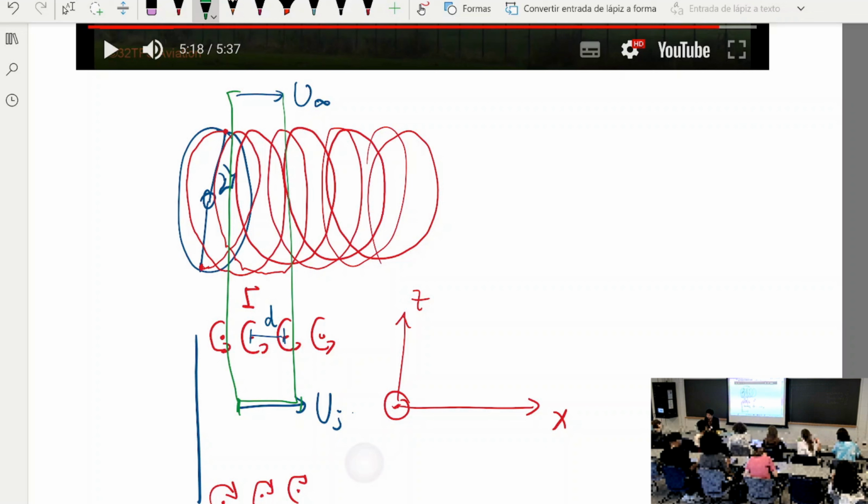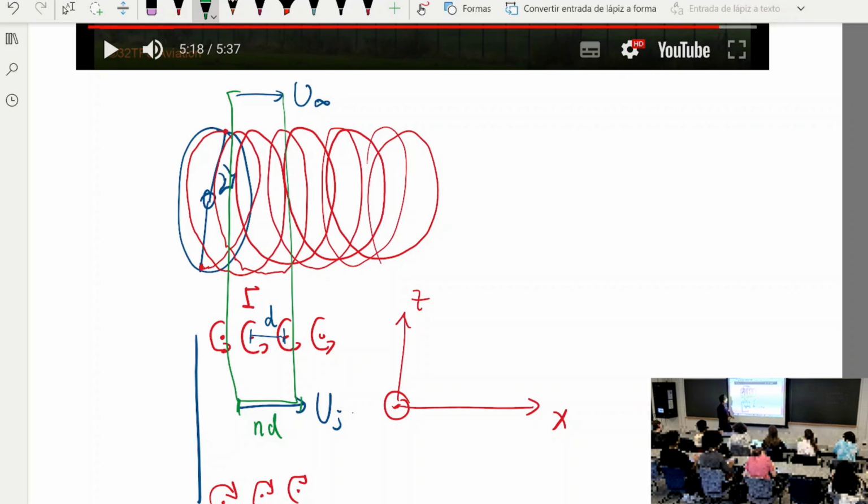So let's say the contour has a width of nd. It spans n vortices. Then the circulation of that green contour should be what? Yeah, should be n times the circulation of each individual vortex, right? In this case, if n is equal to 2, it encloses 2 vortices. The circulation should be 2 gamma, right?